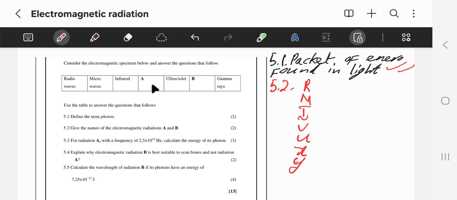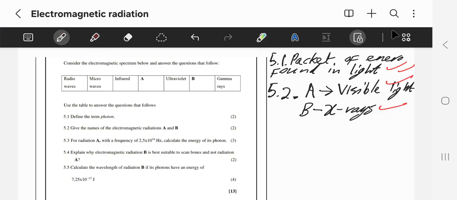So A is going to be visible light, and after visible light it's ultraviolet, after ultraviolet it's X-rays, and then after X-rays it's gamma rays. So B is going to be X-rays. That's the answer we are going to give. And for each correct answer you are going to give yourselves 1 mark each for A and B.